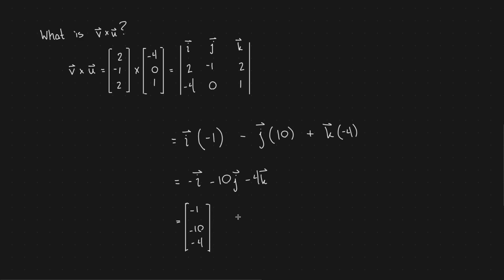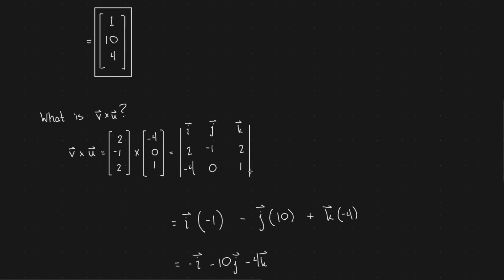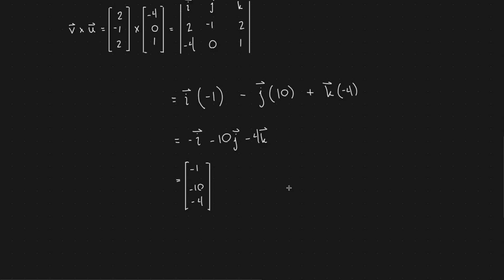Okay, that's V cross U. I want you to compare that with U cross V. U cross V is 1, 10, 4. Notice they are not the same.